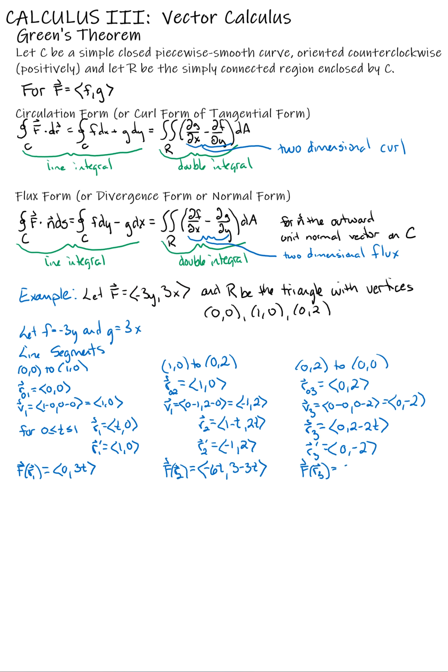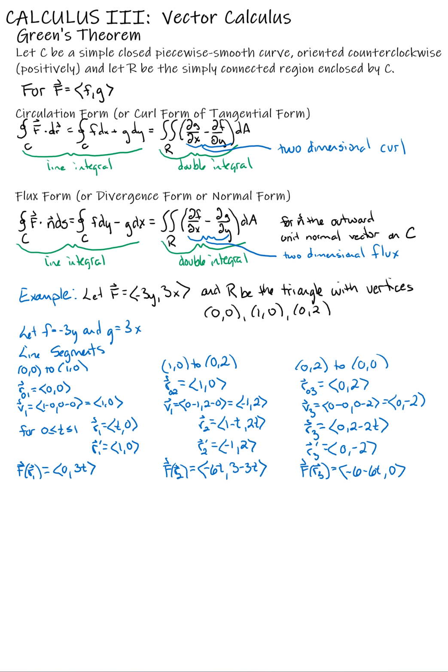So that will give us the vector field, negative 6 minus 6t, and then 0.